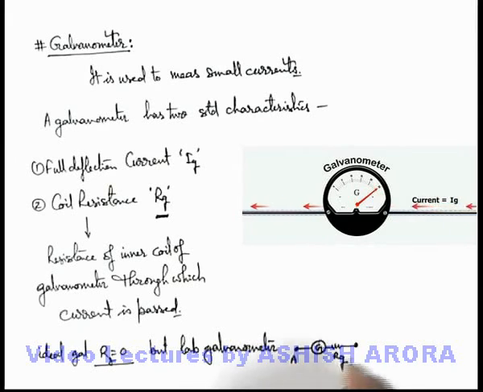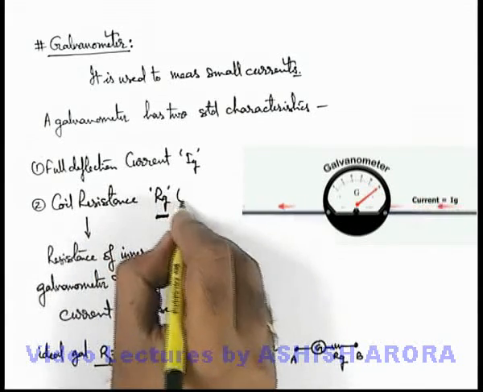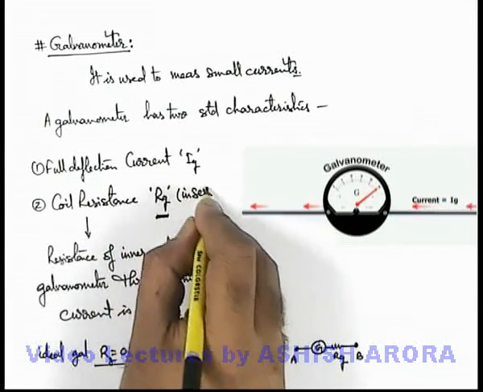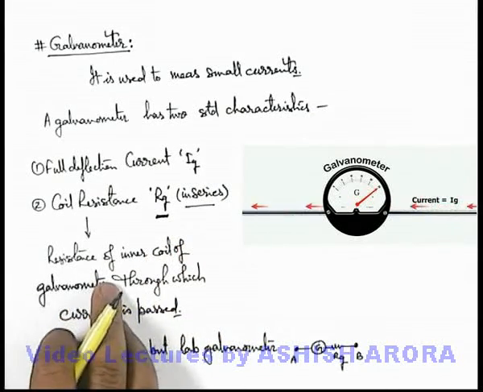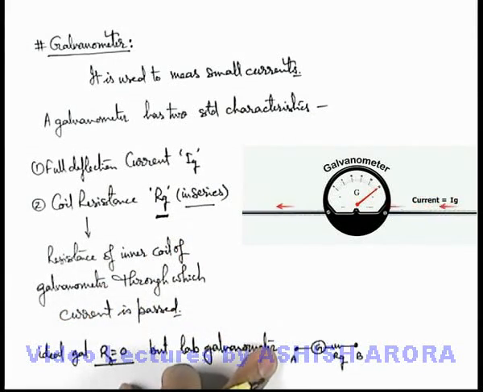So always we consider this coil resistance in series with the galvanometer. So always remember that whenever a galvanometer is connected in any branch of a circuit, always its internal resistance or coil resistance is connected in series with the circuit, which will certainly affect the value of current up to some extent.